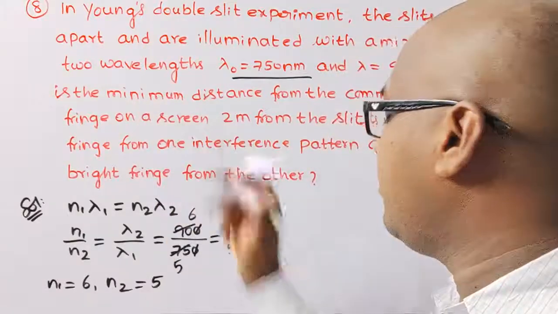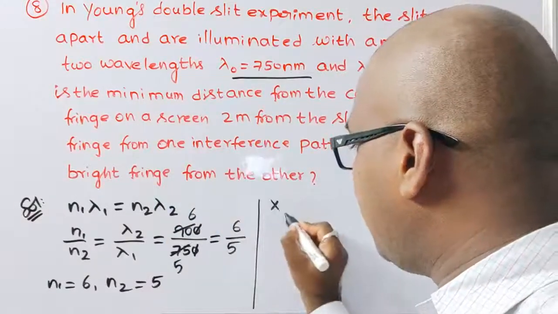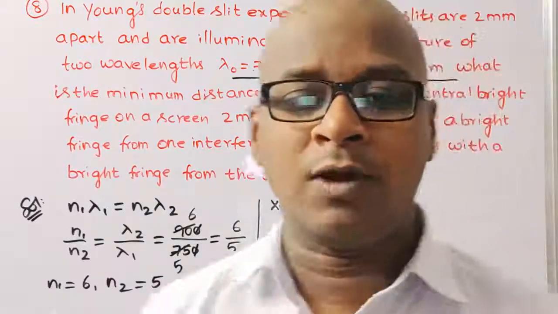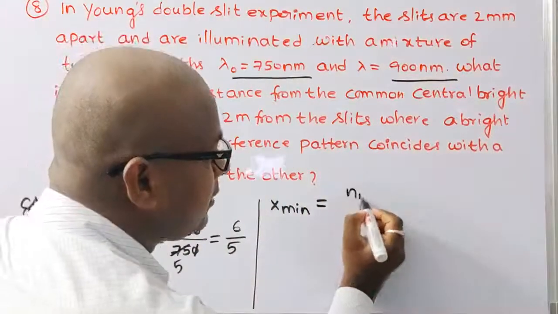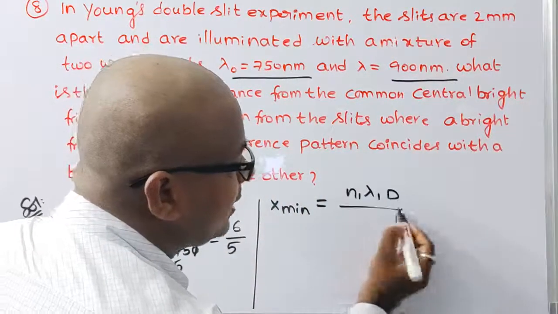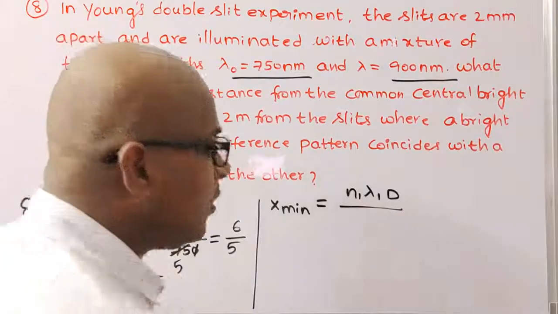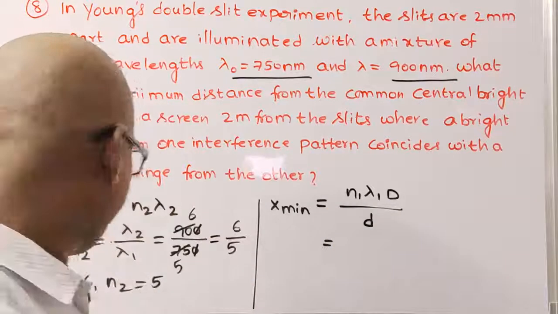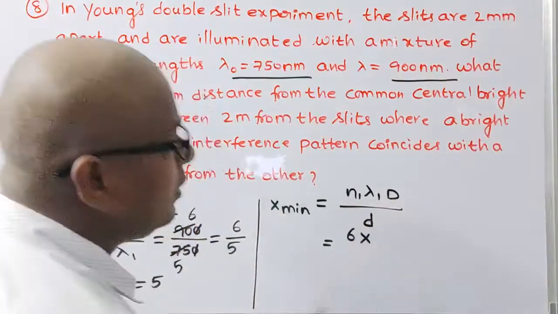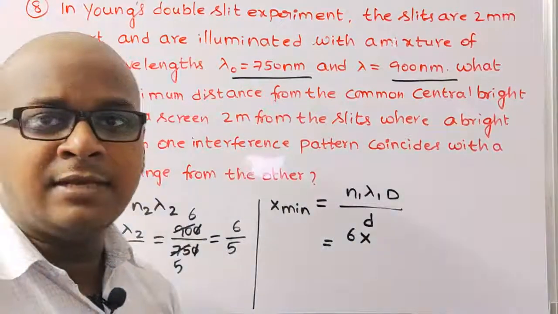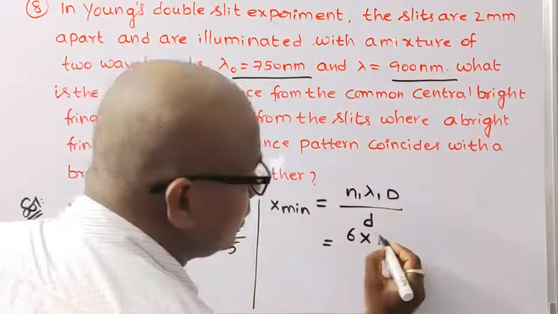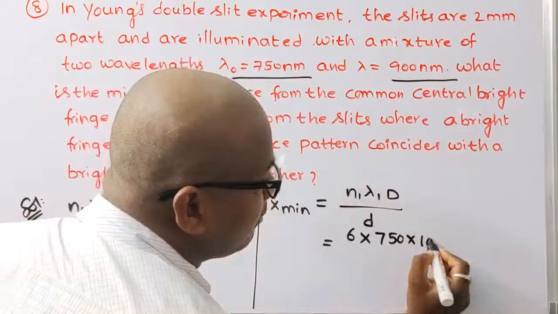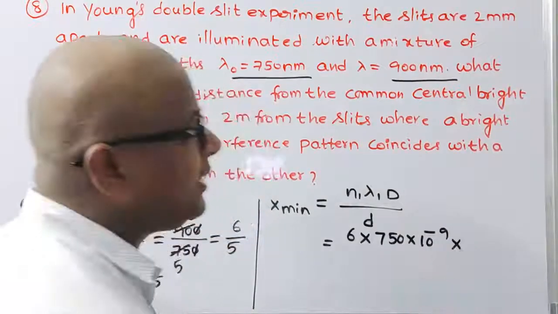The minimum distance x minimum is equal to n1 lambda 1 D by small d. Here n1 is equal to 6, into lambda 1, which is 750 nanometer. To convert nanometer to meter, 10 power minus 9 meter.